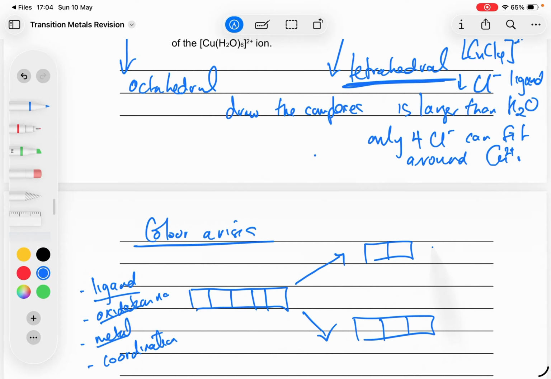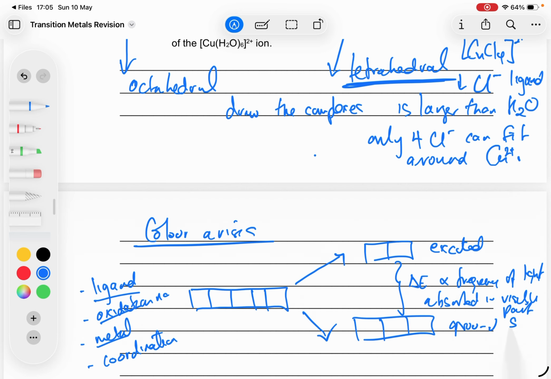So the d orbital will split, and some electrons go into an excited state, some stay in the ground state, resulting in a difference in energy, which is energy absorbed, which is proportional to the frequency of light absorbed in the visible part of the spectrum, and you will observe the complementary color.